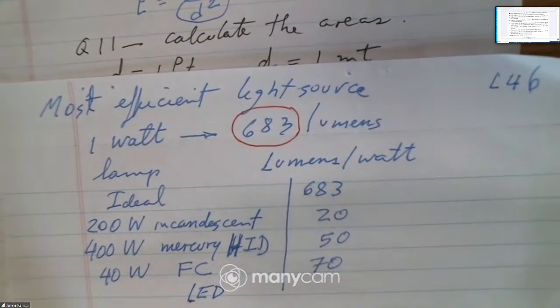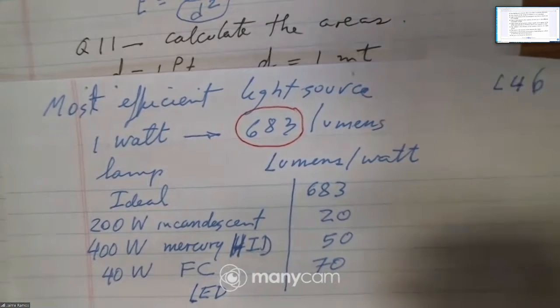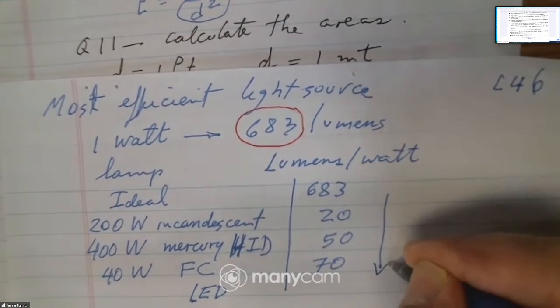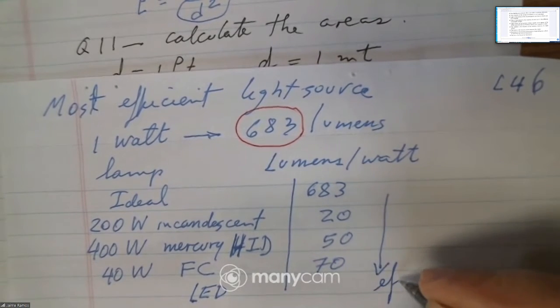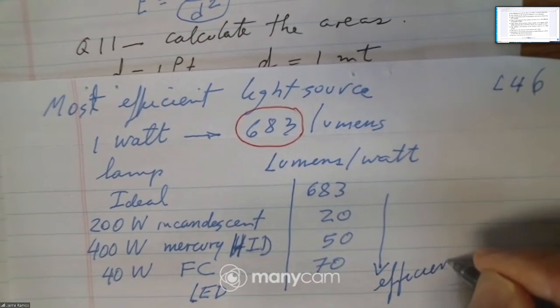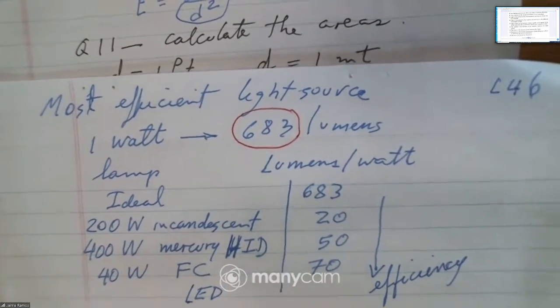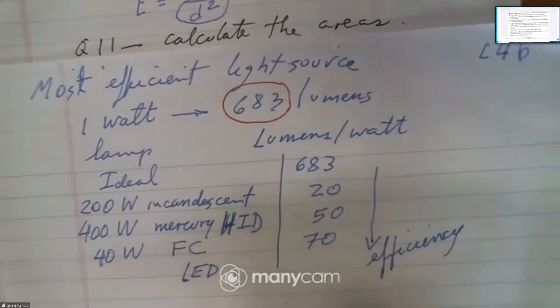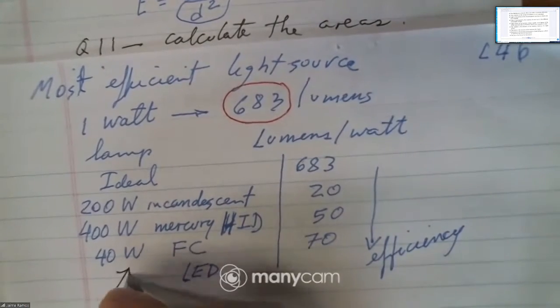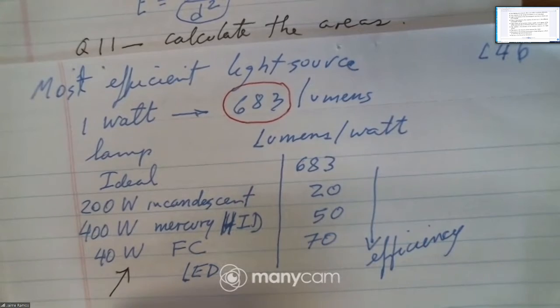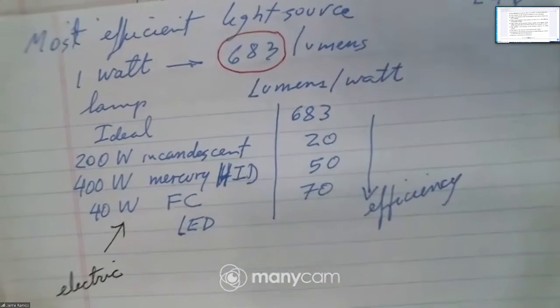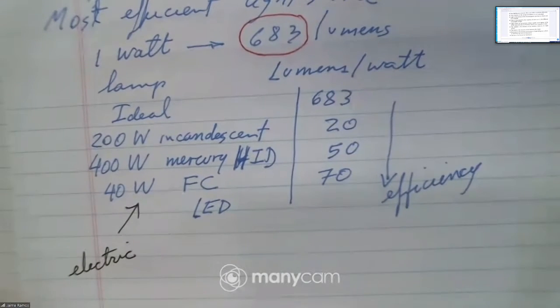So now we have the LED. How many lumens per watt? So here we are going up in efficiency, right? So here we are looking at watts electric. Right?